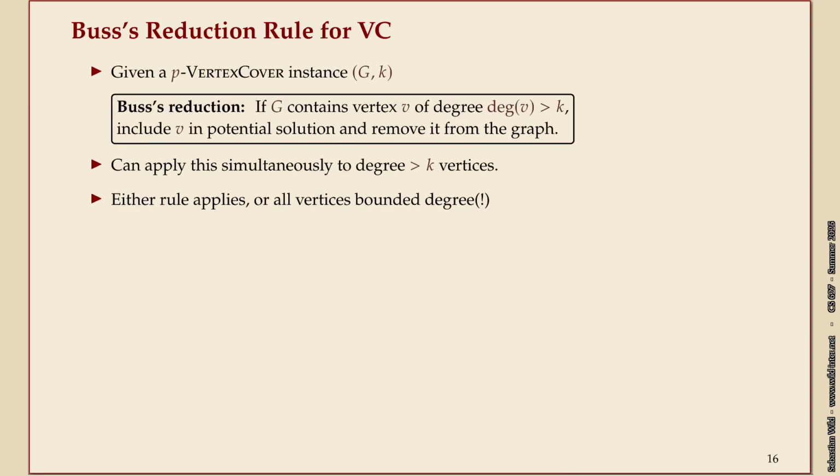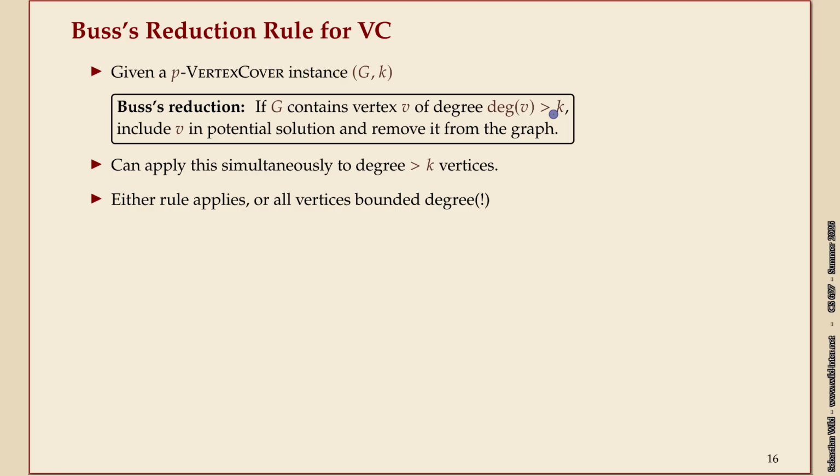Okay, let's have a look at a more refined version of this vertex cover rule. This one's a bit more clever. So we're given an instance to this parameterized problem, a graph and a threshold k. Now suppose the graph contains a vertex of degree greater than k, so a vertex with strictly more than k neighbors.